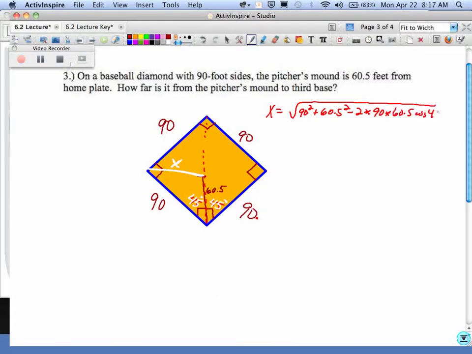So quickly give me that number. What are we getting? 63.7 feet.